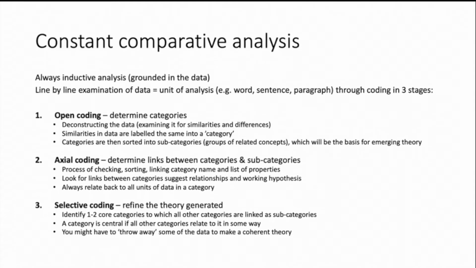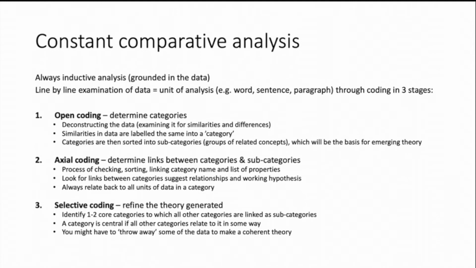So again, taking the example of positive student experience, you might want to break that down into subcategories of what is positive about these experiences, and see how people are talking about positive aspects in different ways. The second stage is axial coding, and this is where you determine the links between categories and subcategories.